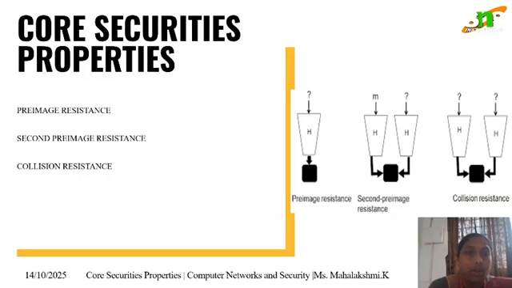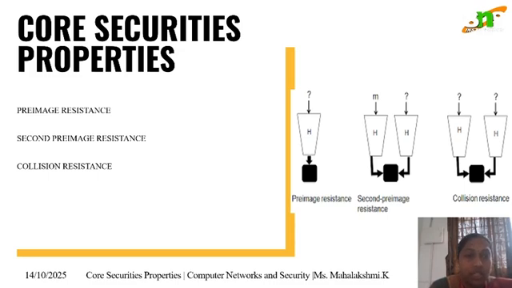The properties of a secure hash function are pre-image resistance, second pre-image resistance, and collision resistance. Pre-image resistance means the same input using the secure hash function gives the same output.